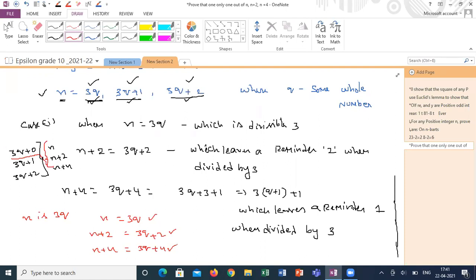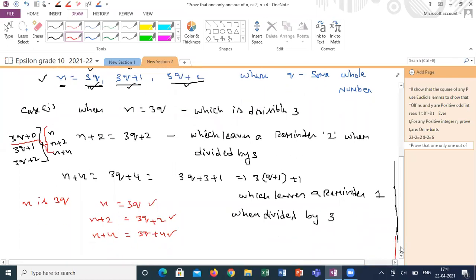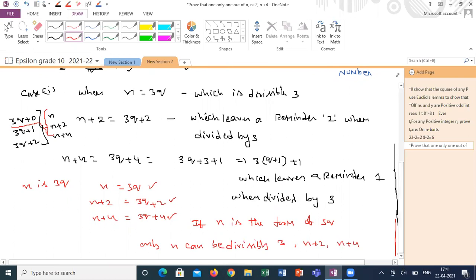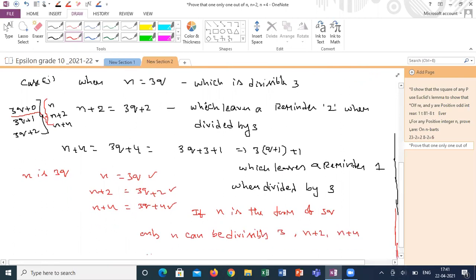So for this case, the conclusion statement is: if n is in the form of 3q, only n can be divisible by 3; n plus 2 and n plus 4 can't be divisible by 3.